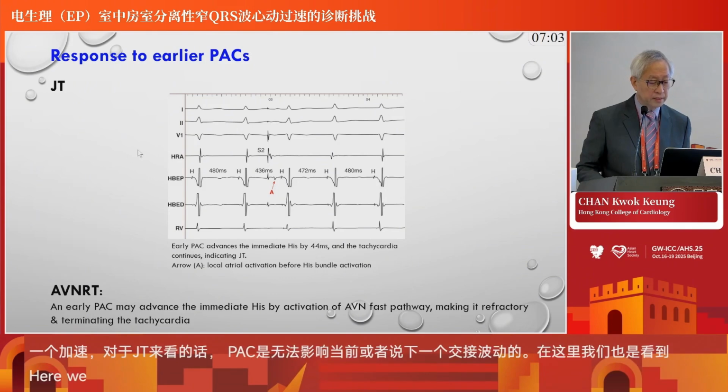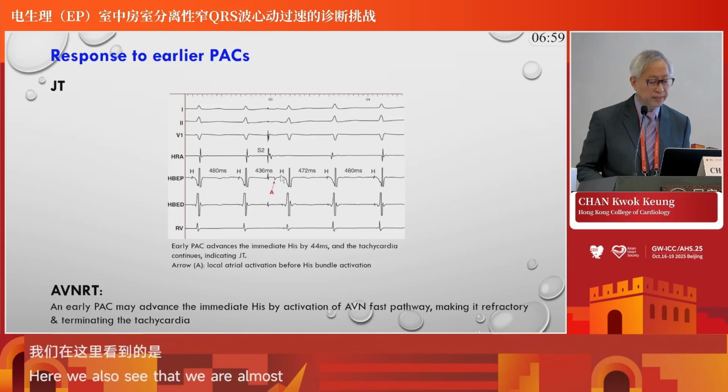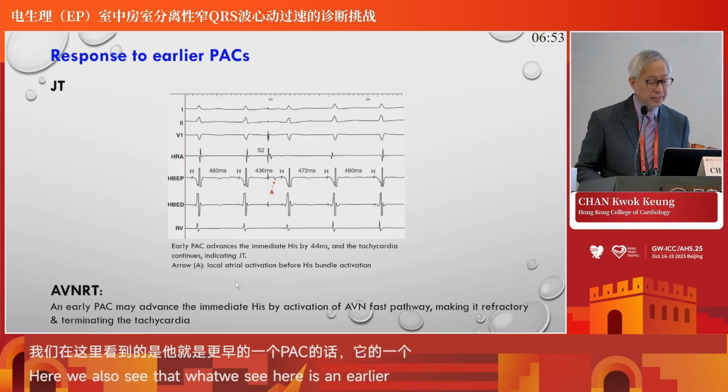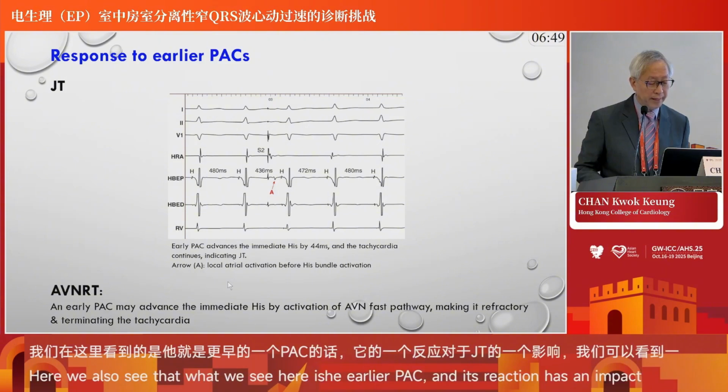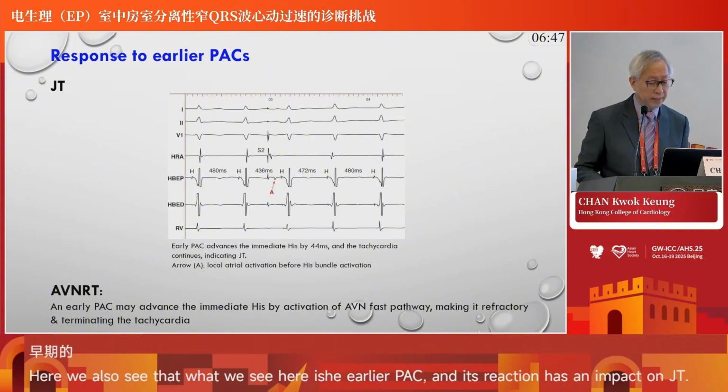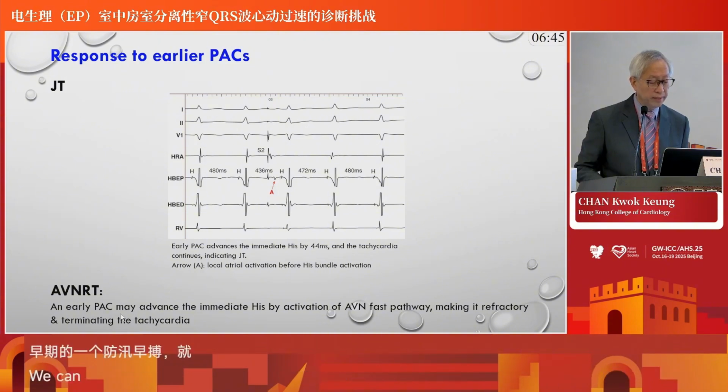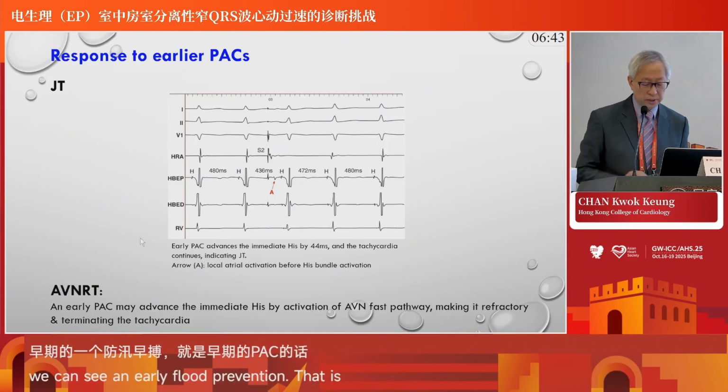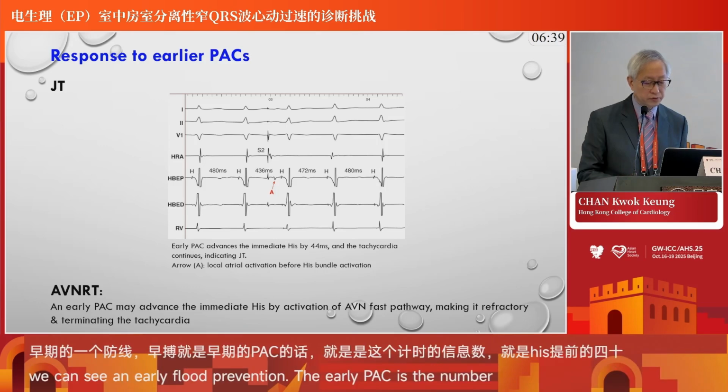That is this, the next His by 44 milliseconds, and the tachycardia continues, indicating it is junctional tachycardia. An earlier PAC can also affect AVNRT by activation of the fast pathway, making it refractory and terminating the tachycardia. So this differentiating response can tell the difference between the two mechanisms.